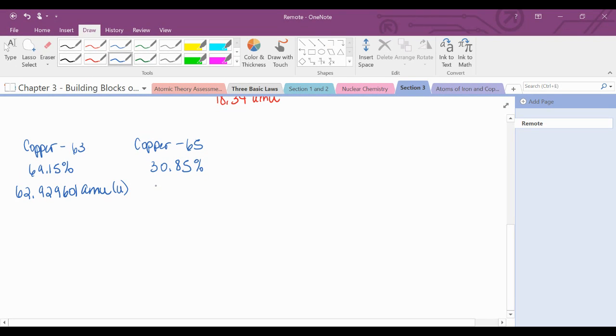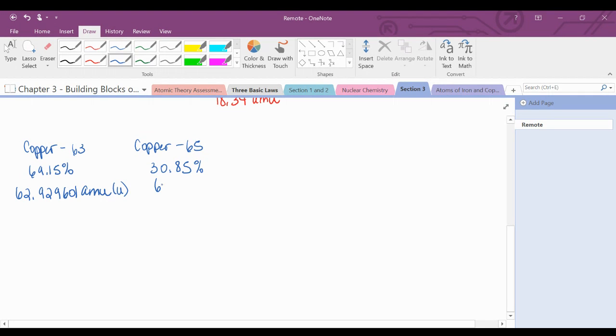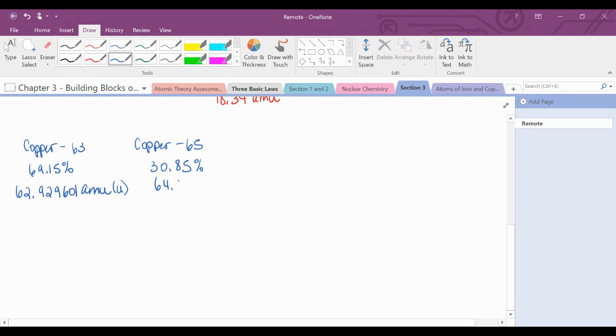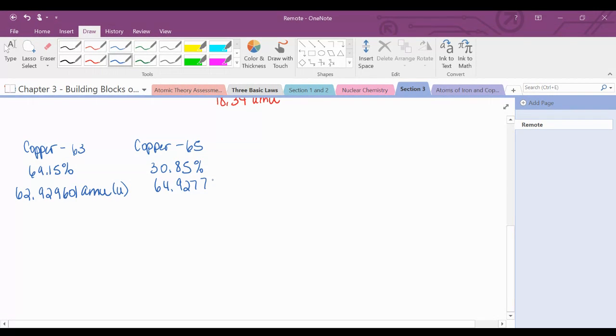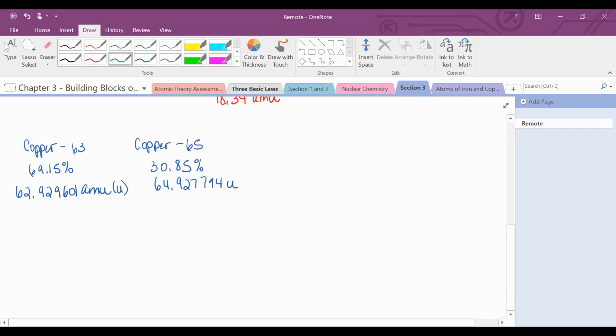And then copper 65 has an actual mass of 64.927794 atomic mass units. Okay, so we're going to do exactly what we did before. For each isotope, we're going to take the percentage and multiply it by, in this case, the atomic mass of the isotope and not the mass number.